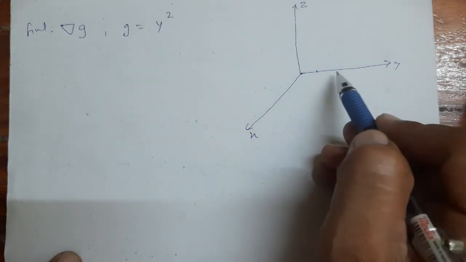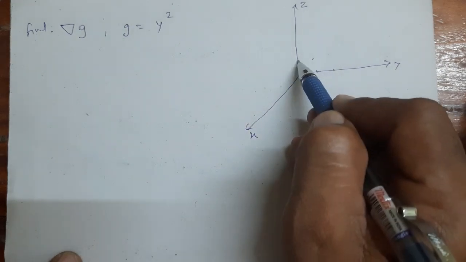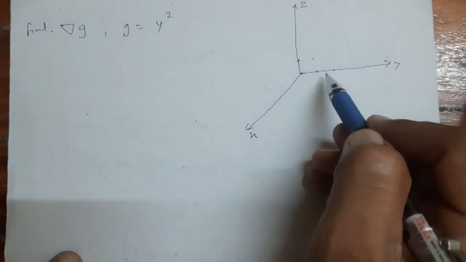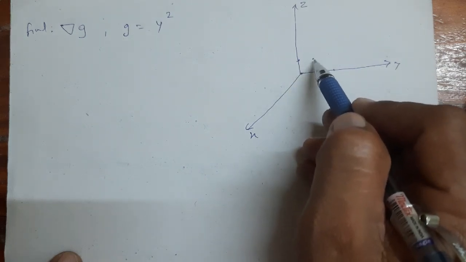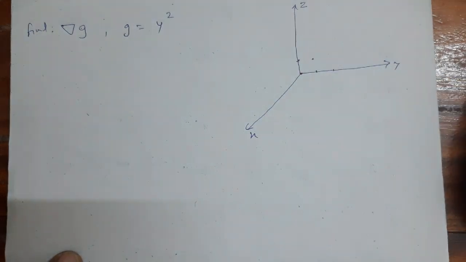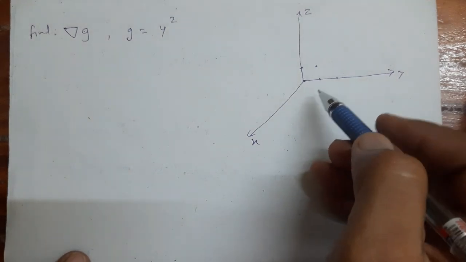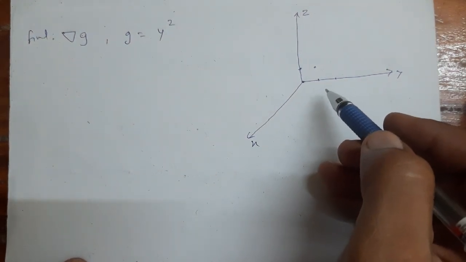Keep x is equal to 0 for all time, y is equal to 2, then somewhere here, that is z is equal to 1, then x 0, y 1, z 1, somewhere here. Write the values, correct, and prepare the scalar function, which we have done in some previous video, what is the meaning of scalar and vector function.